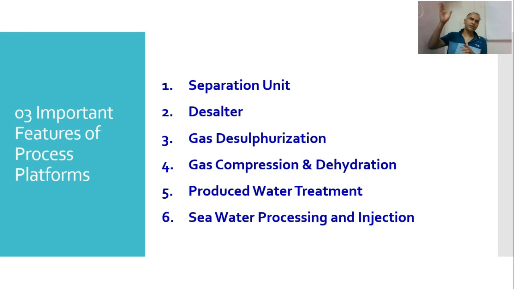There are certain international norms, or statutory bodies have laid down certain legislation, and in line with that legislation you cannot dump this. It is a crime actually. It has a very adverse effect on the environment. Okay, so now produced water treatment, then gas compression and dehydration. This is also very important.